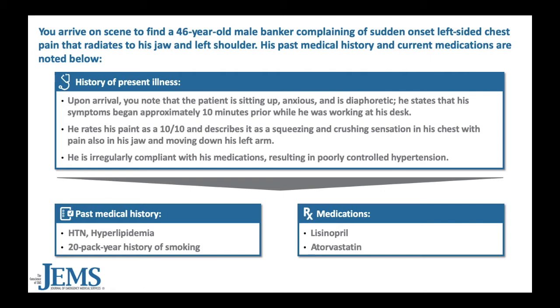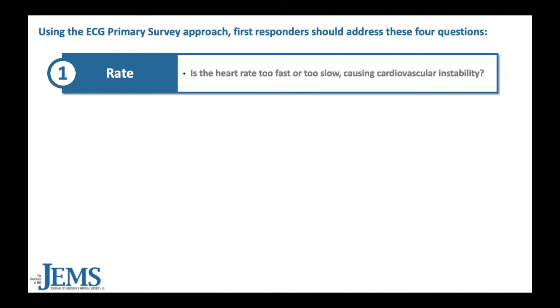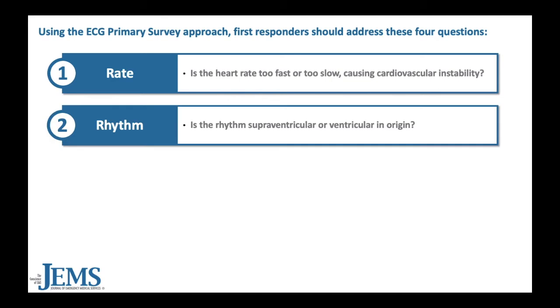Now, we need to obtain a 12-lead ECG on this patient, but first let's briefly review our primary survey of interpretation. As we examine this patient's ECG in the context of a primary survey, we will be seeking to answer these 4 questions. First, the rate. Is the heart rate too fast or too slow, causing cardiovascular instability? 2. Rhythm.